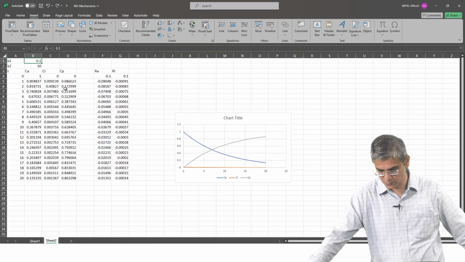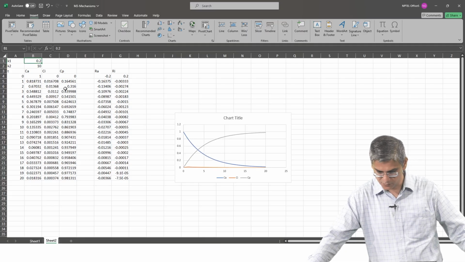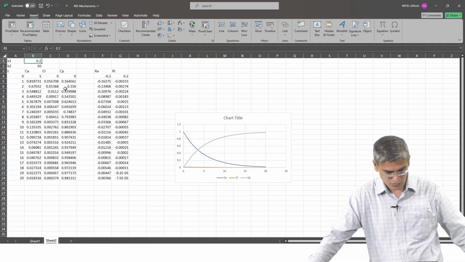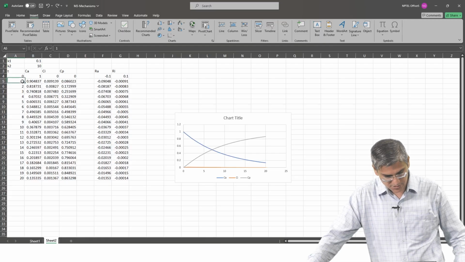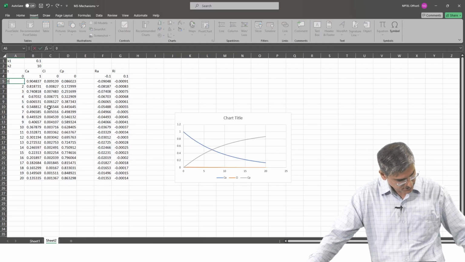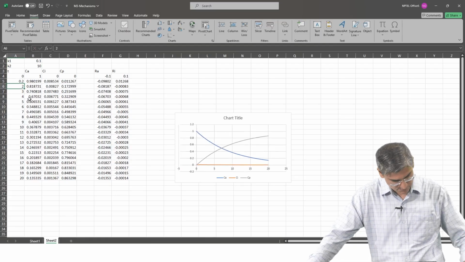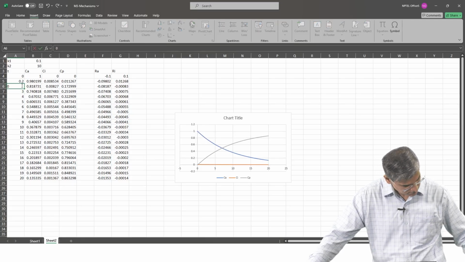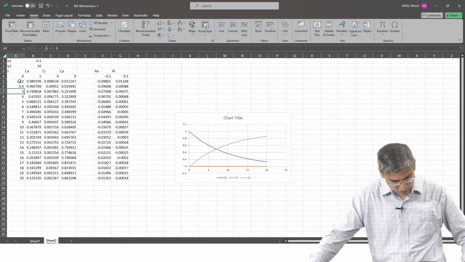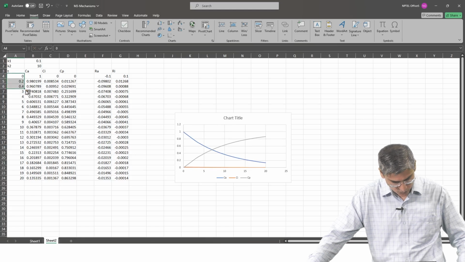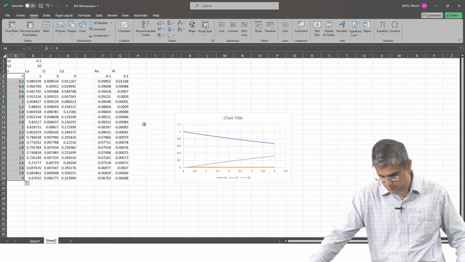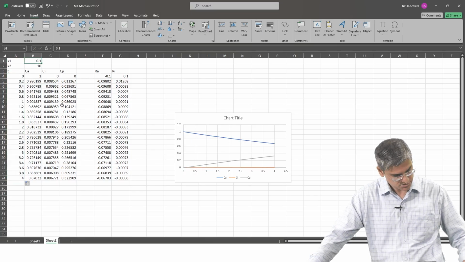So, 0.1, 0.2. Let us make it a little bit different, so that it focuses only on the initial conditions. Okay. Let us see what happens with this.